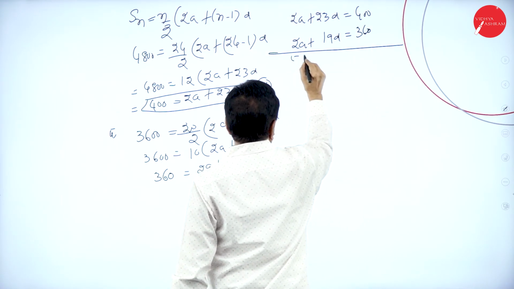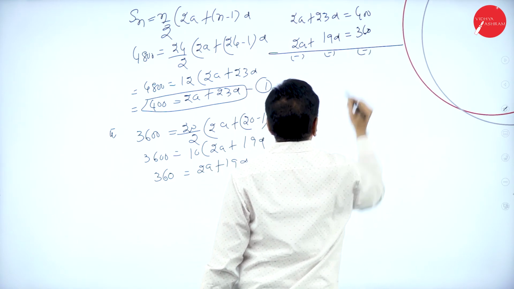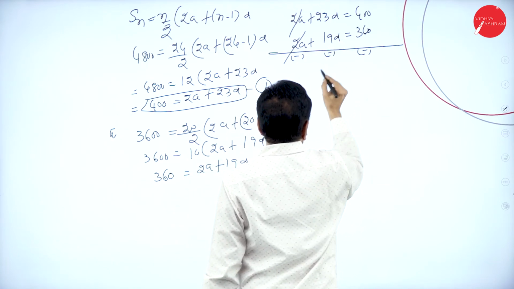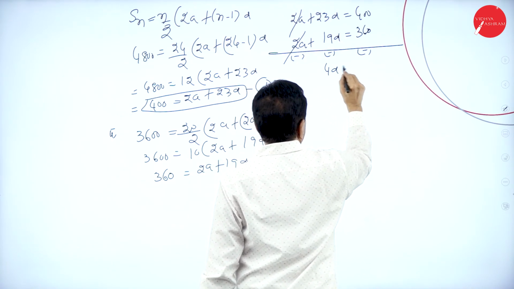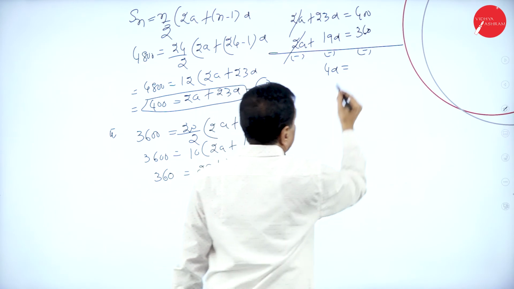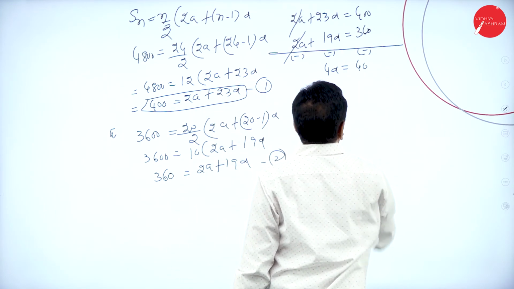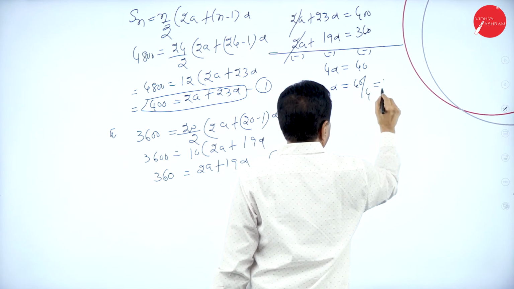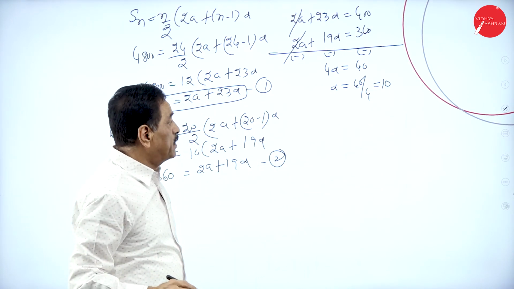Deduct, so the signs become minus, minus, minus. So 2a is cancelled out. 4d is 40, so d is equal to 40 divided by 4, which is 10. So the common difference is 10.